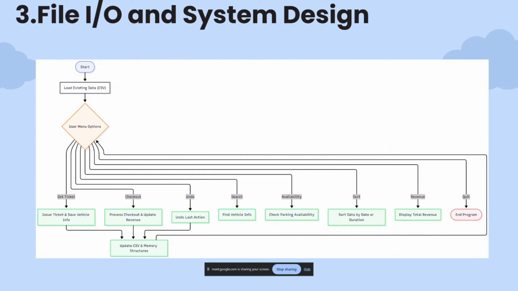Everything will be updated to the CSV, and the next time you run the program, all the data in the CSV will be loaded, and it will read that data and proceed the same way. Yeah, that's all.